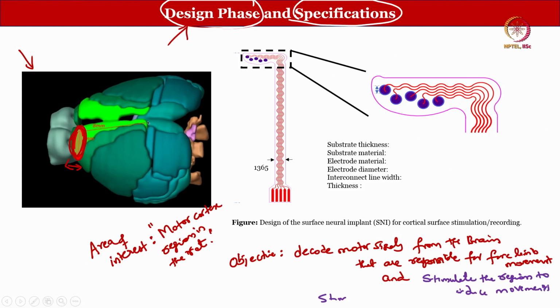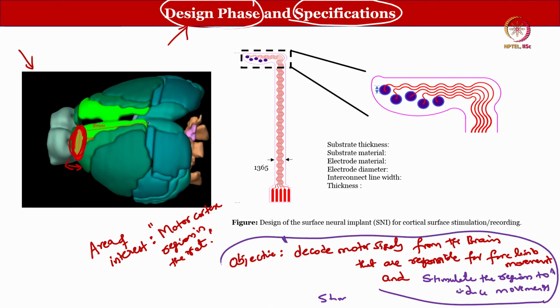That means you can decode the signals from the brain when the rat is moving voluntarily. Otherwise, you stimulate that particular area so that you can tell the rat where to move, left or right or forward. I am just giving you this in layman language to understand. So, our electrode should be able to decode or stimulate. The objective is fixed. Now, once you know the area, 1 mm area, then you can decide which array you need to take.